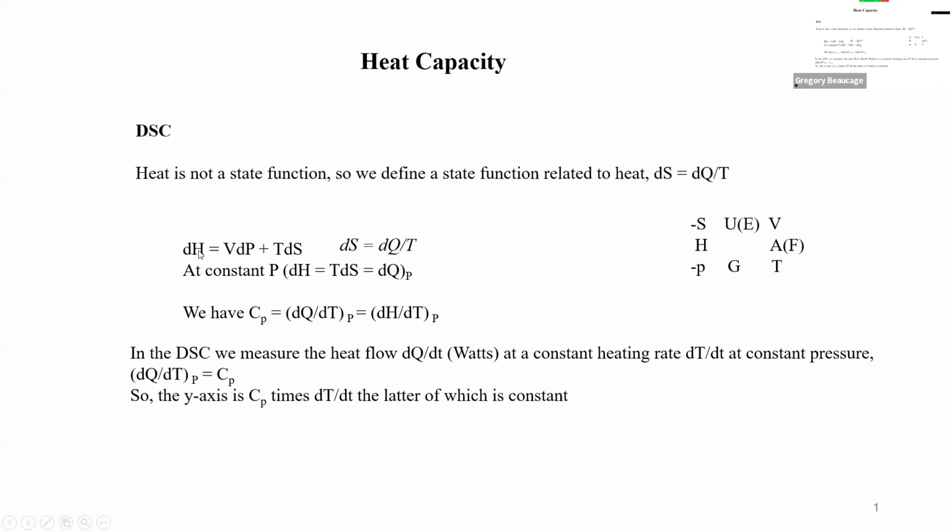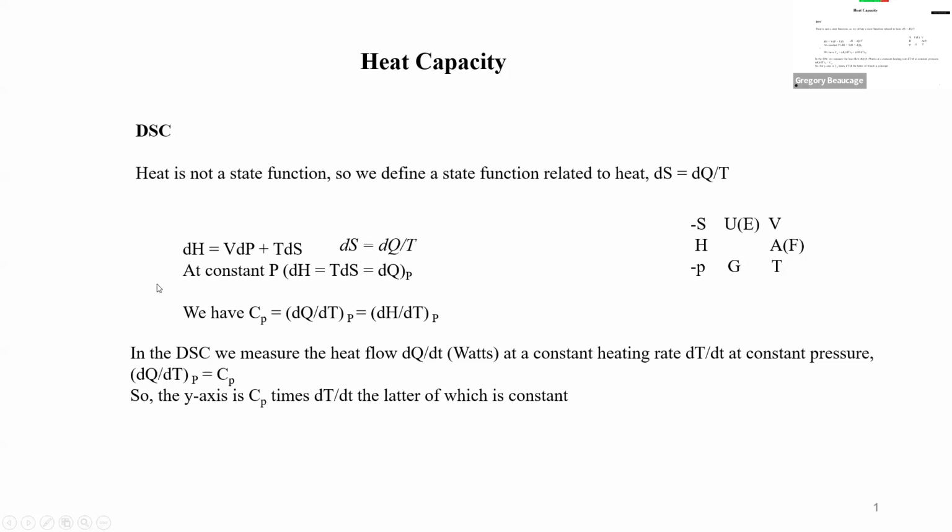Basically, if you take the expression for enthalpy, the change in enthalpy, dH = VdP + TdS, then at constant pressure the VdP goes to 0, and we have the heat capacity, dH/dT. dS is defined as dQ over T, and if you substitute that in, you get dH equals dQ, so dQ/dT becomes dH/dT at constant pressure. I already talked about that before.